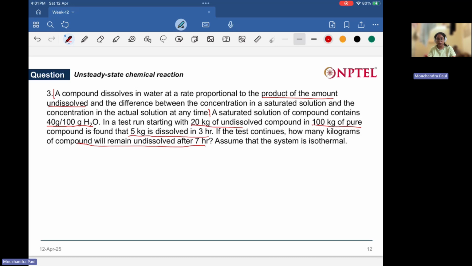So you have to only do material balance, no energy balance needed. So there is a solution, let's say a tank containing this solution. It is being stirred at all times, and it contains the compound in undissolved state.